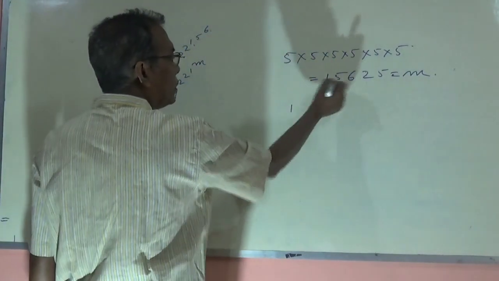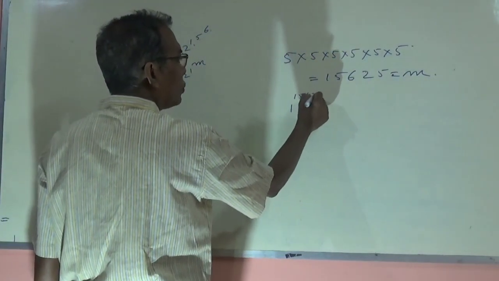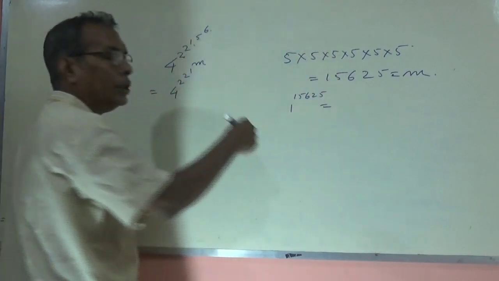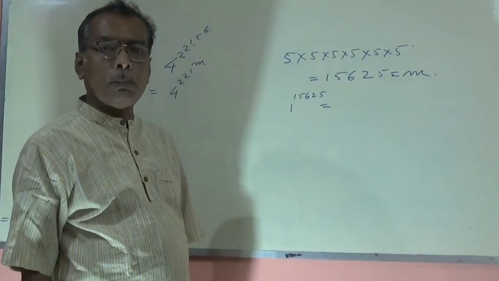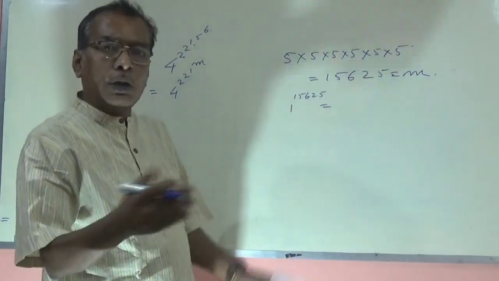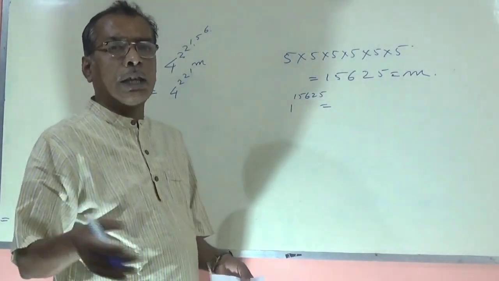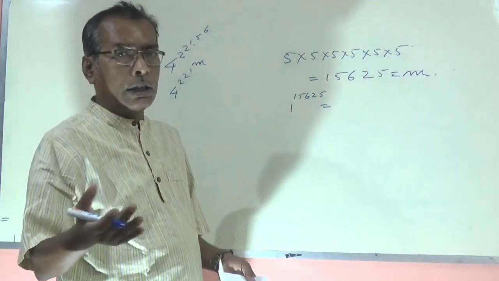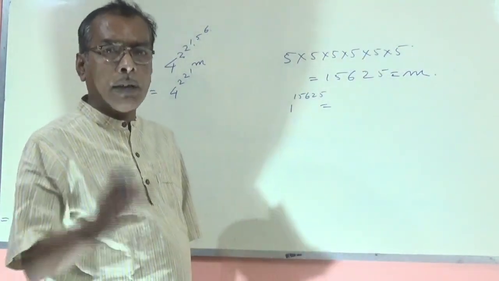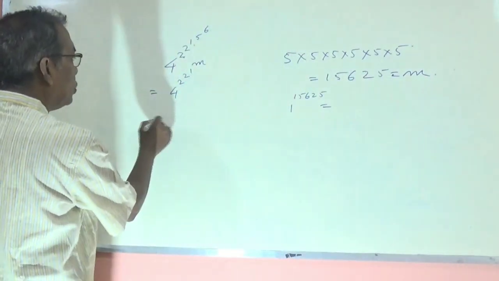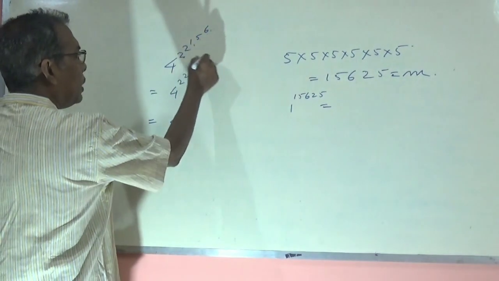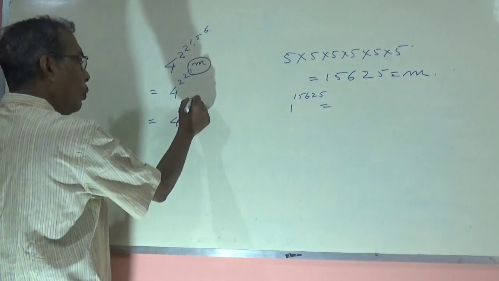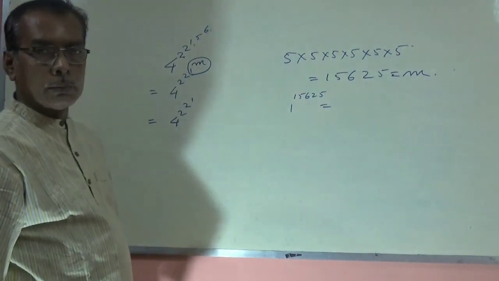So 1 power this value, if it is 15625, then what will happen? 1 into 1 into 1 into this many number of times. If you multiply 1 for 1000 times or 2000 times or whatever it is, the result ultimately will be 1. Am I right? So therefore this one will be equal to 4 power 2 whole power 2, and this one will be nothing but 1 only. Correct?